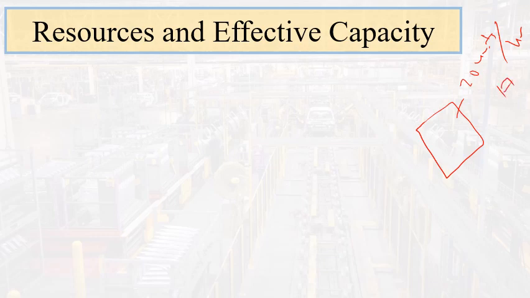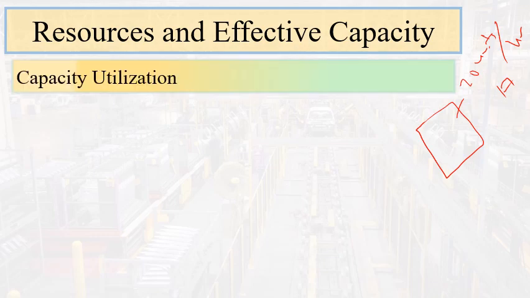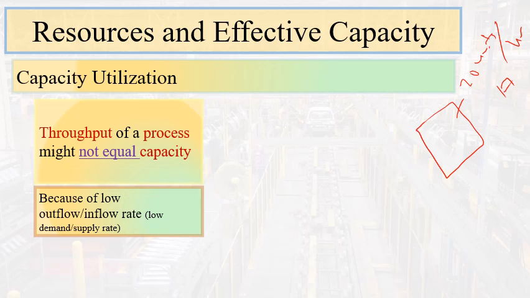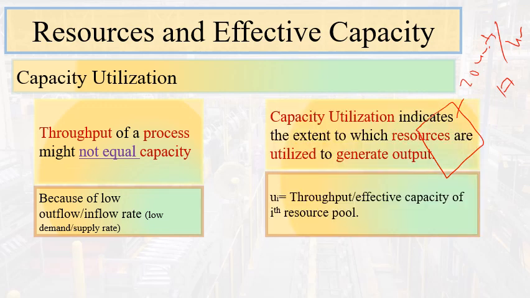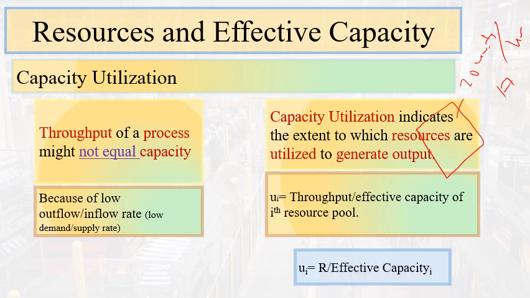Maybe you will work at 17 and be short 3 units per hour, simply because the demand doesn't ask you to do 20 units per hour. So for this reason, we have something called utilization. Utilization is basically our throughput R, the R we've learned in the previous 2 lectures, over the effective capacity, which we've just learned how to calculate.